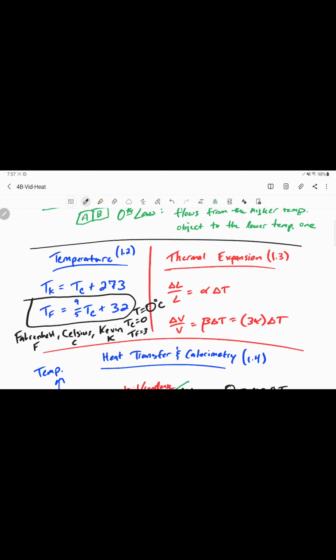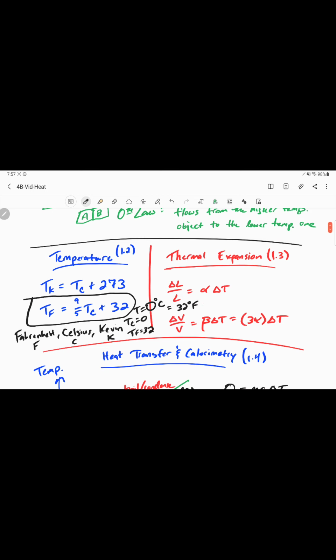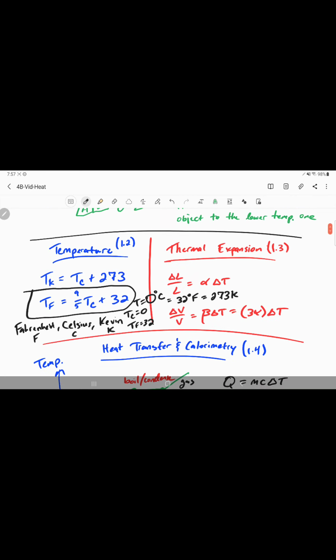The temperature in Fahrenheit is 32. So this temperature, which was 0 degrees C, is also equal to 32 degrees Fahrenheit. It's also equal to, and it turns out both of these units are not as nice as another one, which is called the Kelvin scale. If you look at the first equation, you can also say that 0 degrees C is equal to 273 Kelvin. Notice how we don't write degrees Kelvin, we just say Kelvin. Kelvin is what is called an absolute temperature scale, whereas the other two are not absolute temperature scales.